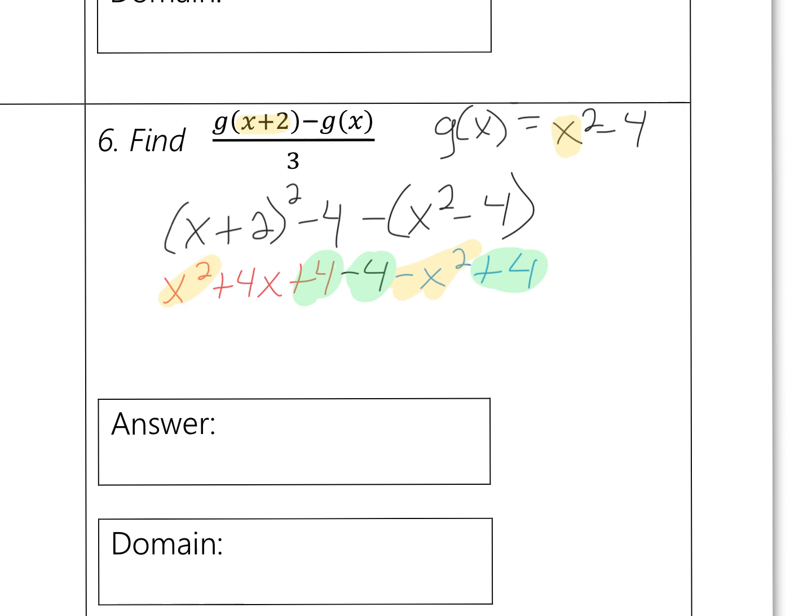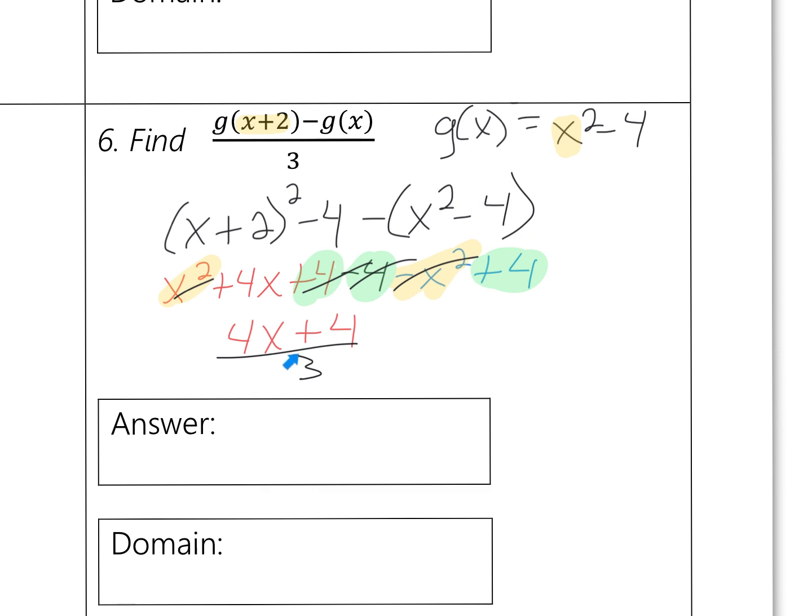So we're going to end up with our 4x, and then everything else cancels except for the plus 4, because these canceled each other, and so did the x squared and the minus x squared. So 4x plus 4, and then all of that was actually divided by 3, okay? In the original, divided by 3.